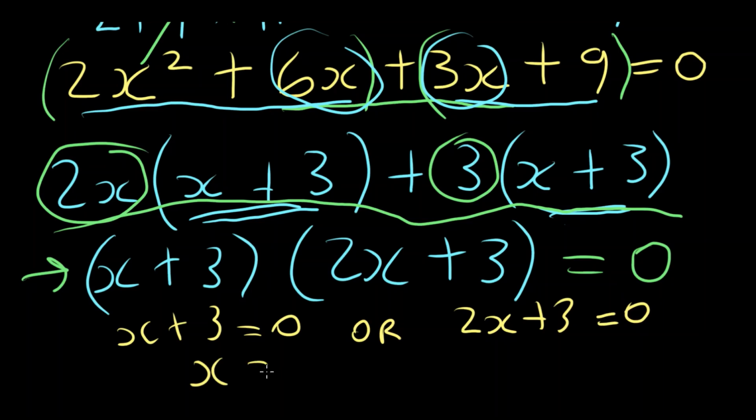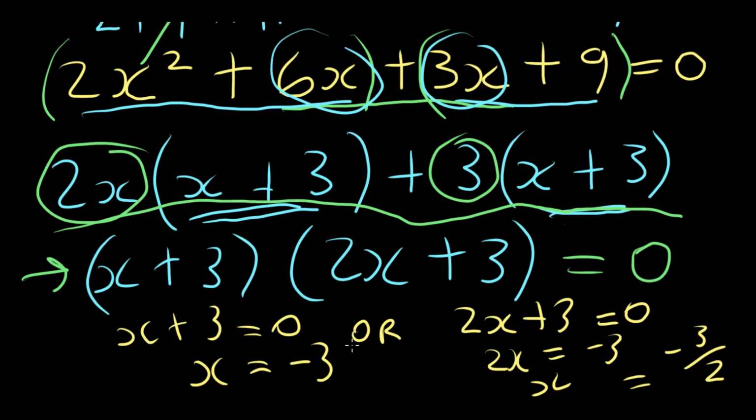So x will equal minus 3, or 2x will equal minus 3, x will equal minus 3 divided by 2. So the answer is minus 3 or minus 3 on 2, and you can go ahead and check that if you like. Good, let's do another problem.